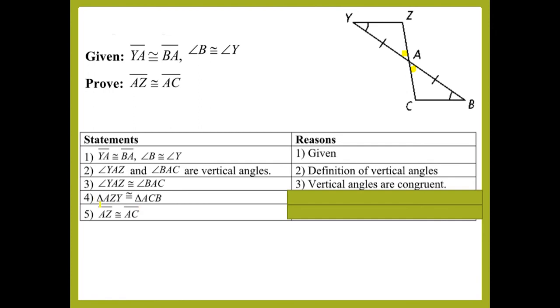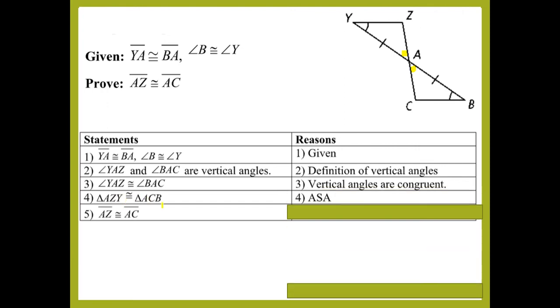Next, it says that triangle AZY is congruent to triangle ACB. Well, we can say this because we have angle side angle. We were given this angle right here. We have our side right here. And then we know that our vertical angles are congruent.